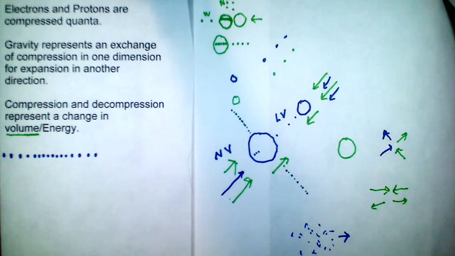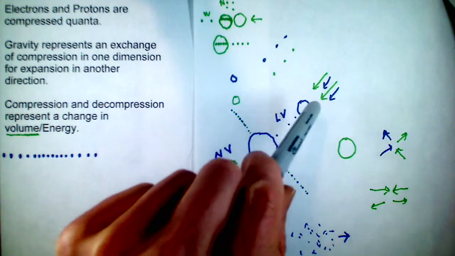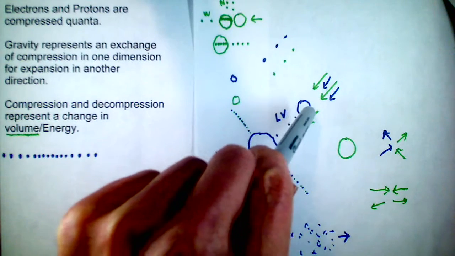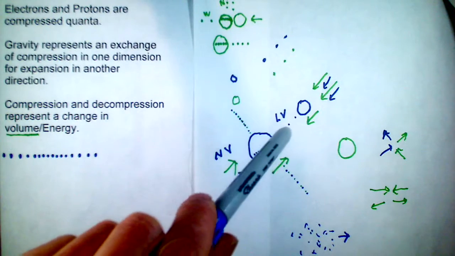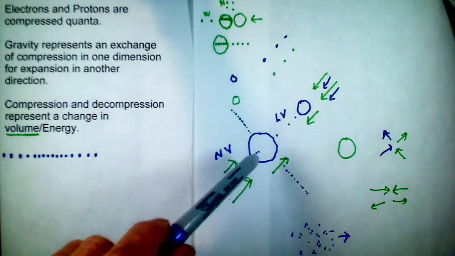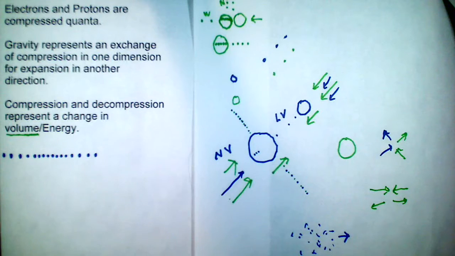So you end up with a higher density in one direction and a lower density in the other. Obviously, if there's 10 going in and 2 are compressed into the matter, then there's 2 less coming out, and that's what's felt as the uneven pressure in gravity.